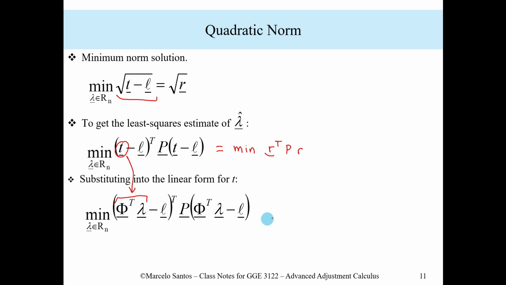So this is the minimization of the quadratic form written explicitly.